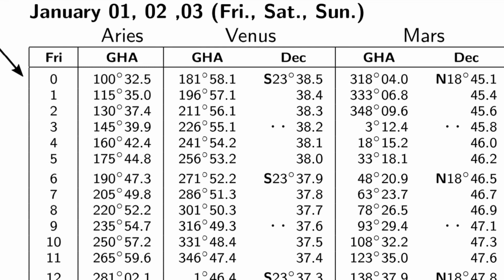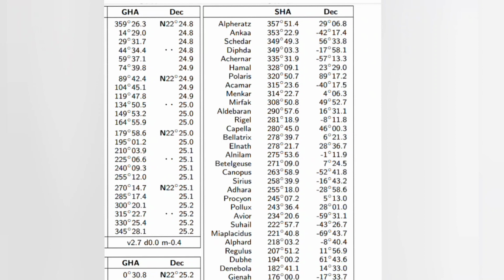You see Aries, all it gives is a GHA. It doesn't give declination because it is a fictitious spot in the sky. It represents the position of the sun at the beginning of vernal equinox, and it moves around. And all the other stars, you just get a chart and you get a sidereal hour angle, or SHA, which is pretty easy.